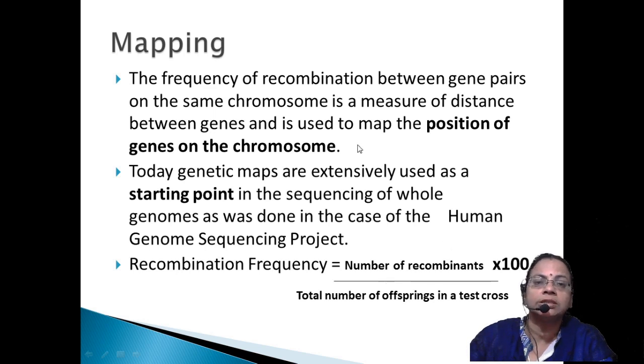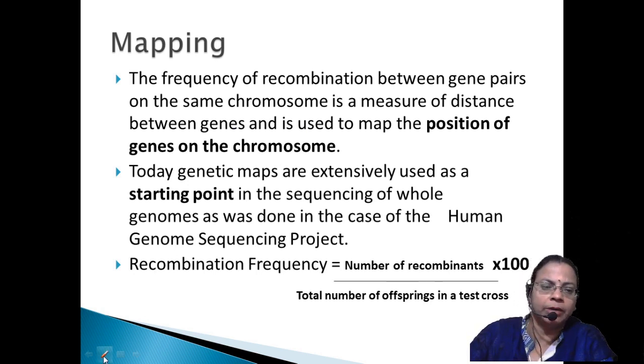So he used recombinant frequency for measuring the distance between the genes, and that helped him to map the position of genes on the chromosome.